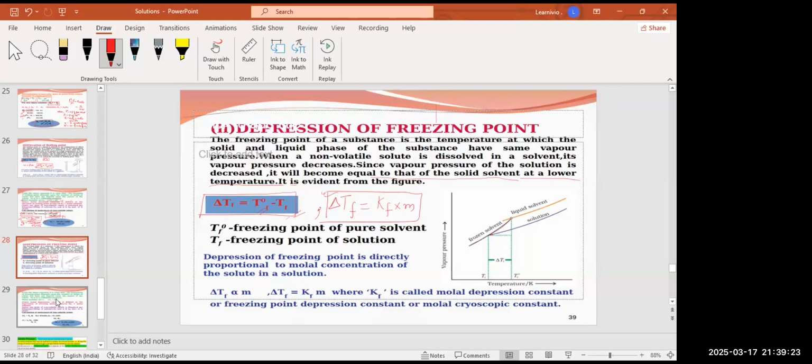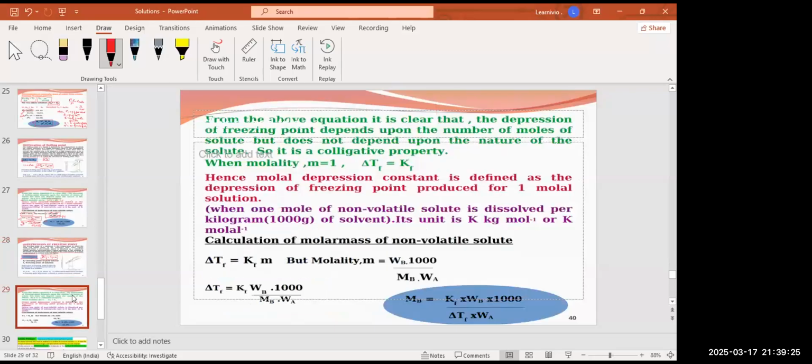Okay, now let's move to the next. And from the above equation, similarly, you can find the molar mass of non-volatile solute. Again, this formula is important, right? So write it down. Write down this formula also. Just substitute the value of molality here, right?